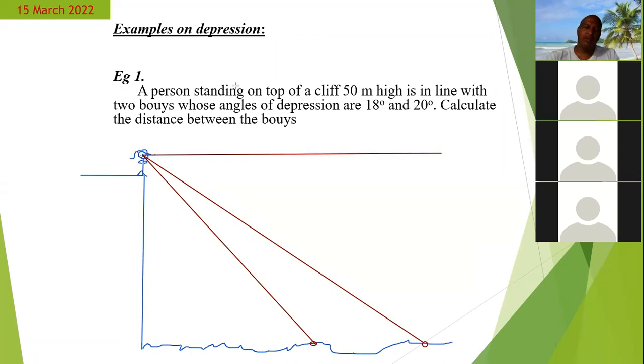What do we want to find out now? Sir, draw a vertical line from the buoys to the horizontal line. All right, so you want to draw a vertical line from here down to here, that's what you're saying? Yes, sir.